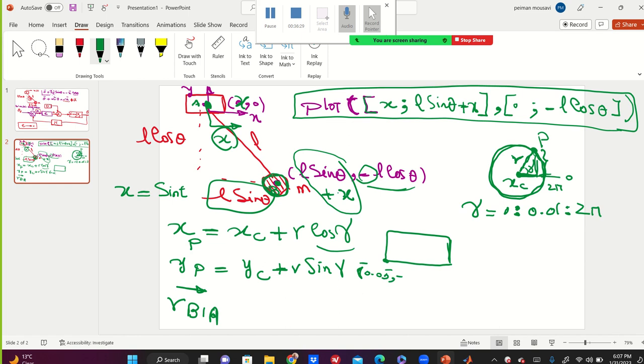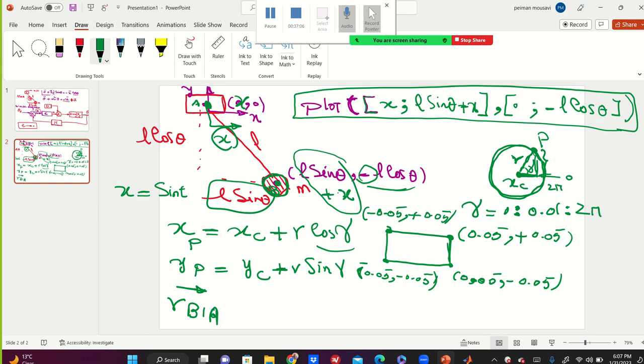Its y is minus 0.5. This corner is gonna be plus 0.5. Its y is minus again 0.5. This corner is gonna be 0.5 again, but y is gonna be plus 0.5. Just an example. This corner is gonna have the same minus 0.5 and positive 0.5.